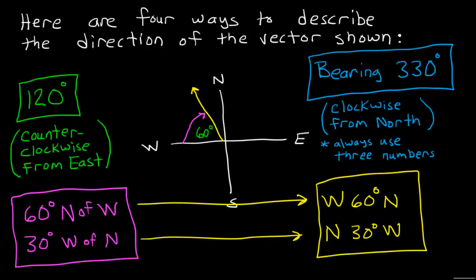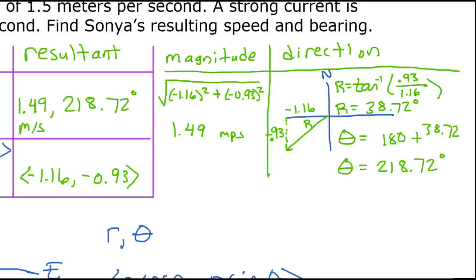And remember, right now we're giving the direction as our standard measured counterclockwise from east, like this. But bearing is measured going clockwise from north. So we just need to do that one more translation and ask ourselves, for bearing, what would the angle look like if we went clockwise from north around to this angle?